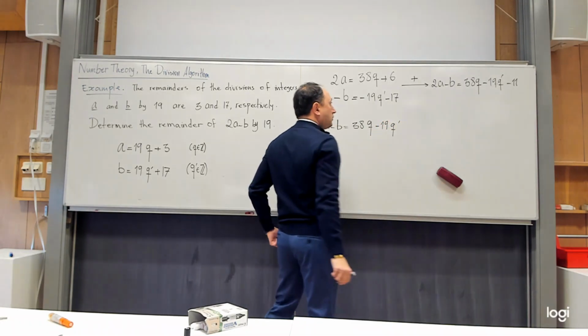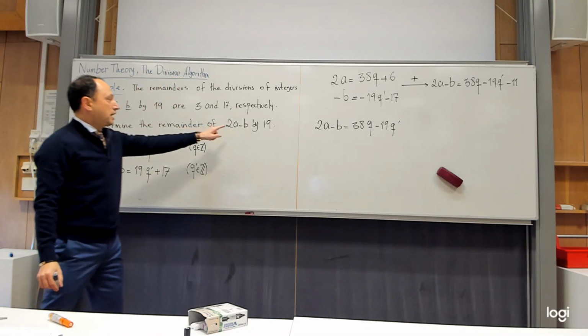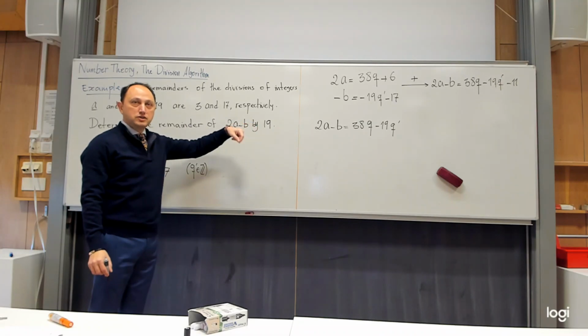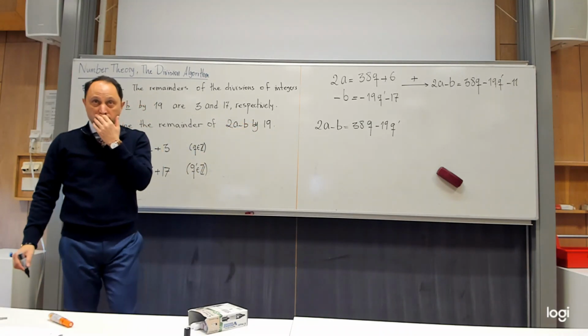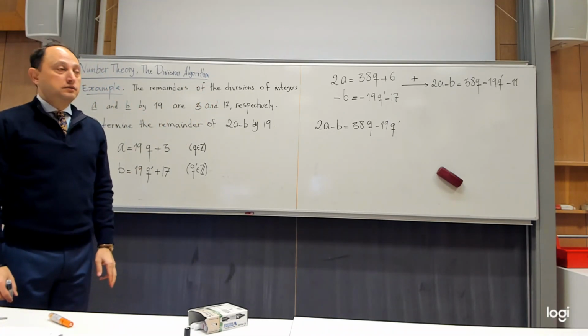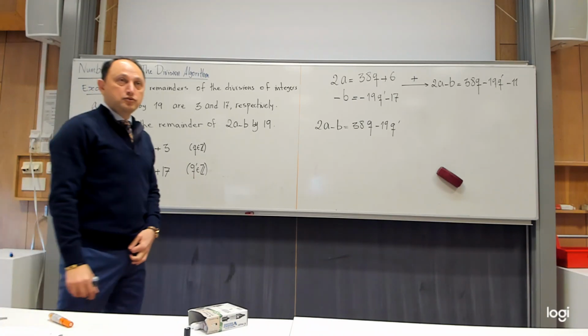I do not want to have minus 11. If I am interested in division by 19, the remainder should be somewhere between 0 and 19. So what can I do? How should I adjust minus 11?